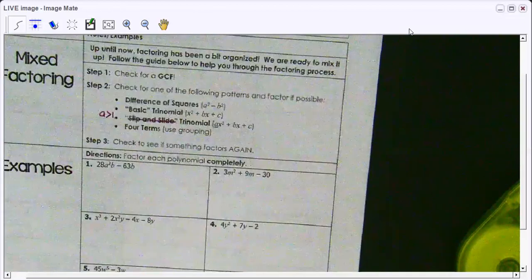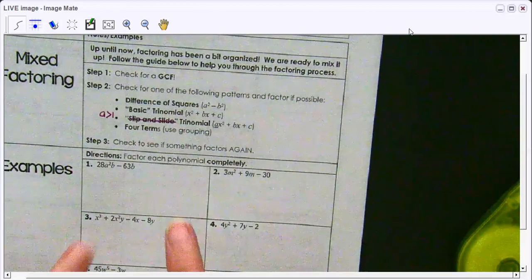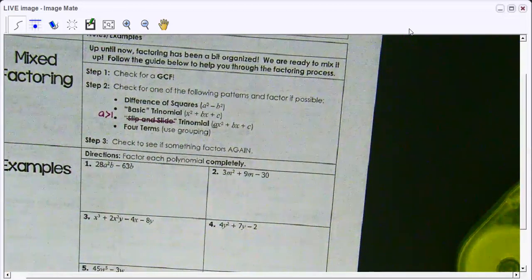So I want you to look at problem number 1. What is the first thing we need to do? Always, GCF. Good job, Dylan. Factor out the GCF. So I want everybody to do that with number 1 right now. Factor out your GCF.